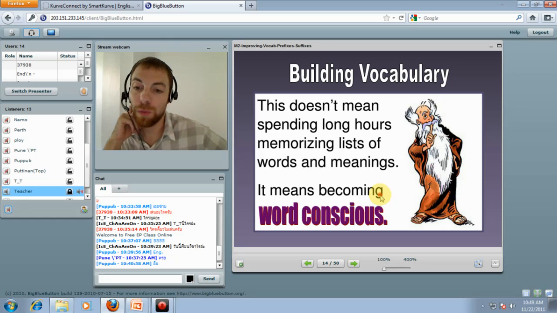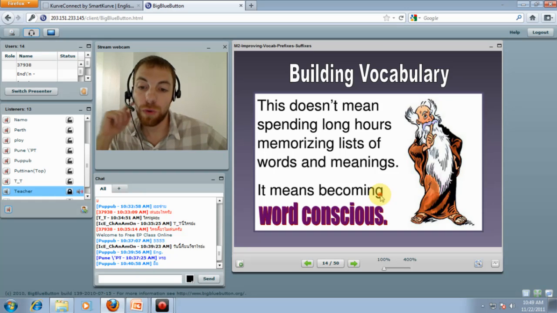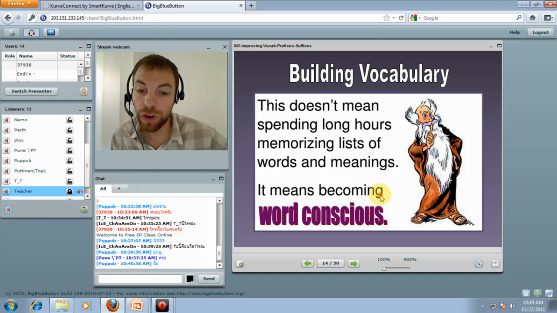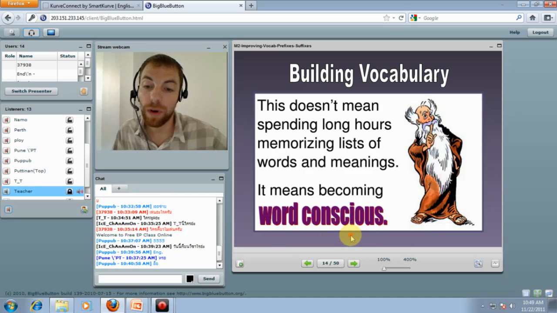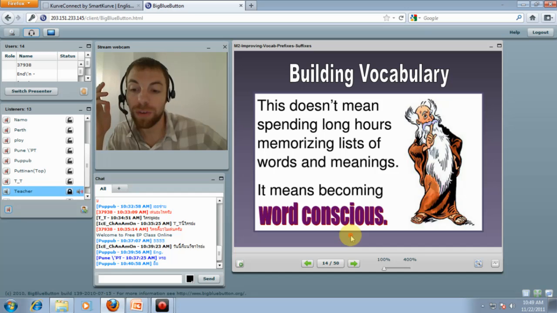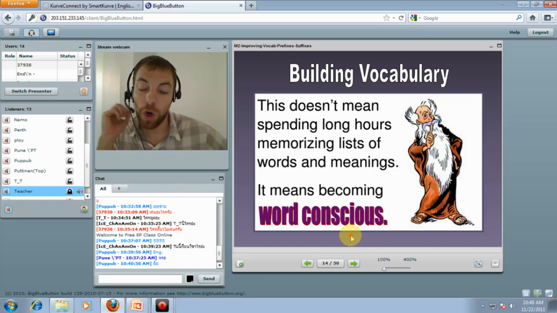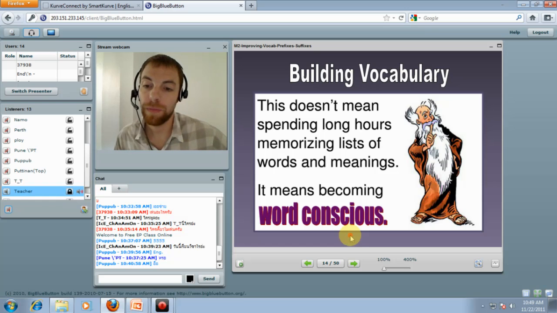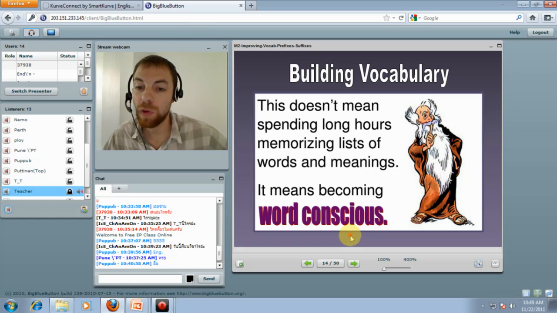But when we learn to look for prefixes, and we find many words that have them, it helps us. So we're talking about being word conscious. Word conscious means you are thinking about words and parts of the word, and always looking at the word. Alright? So we're going to be word conscious.